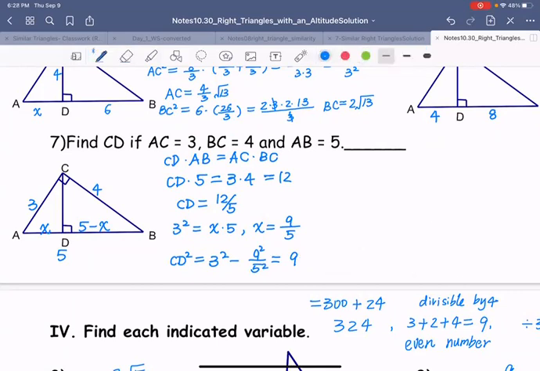Let's redo it. So this is 9 minus 9/5 square, which is 81/25, correct?